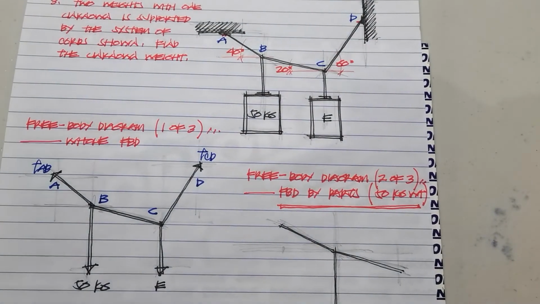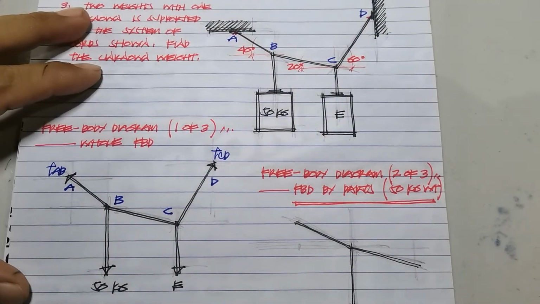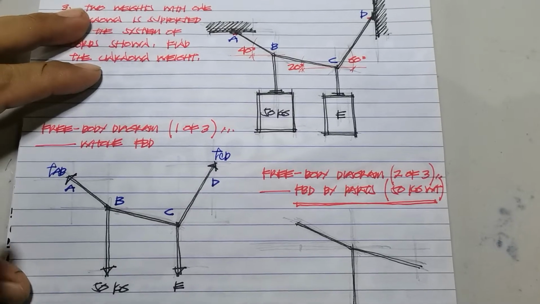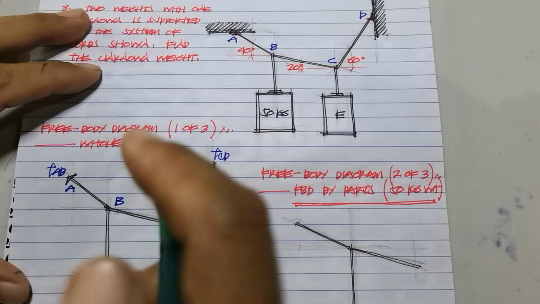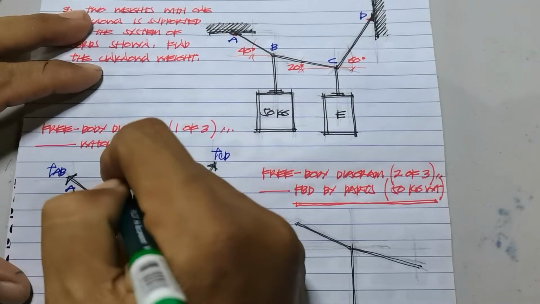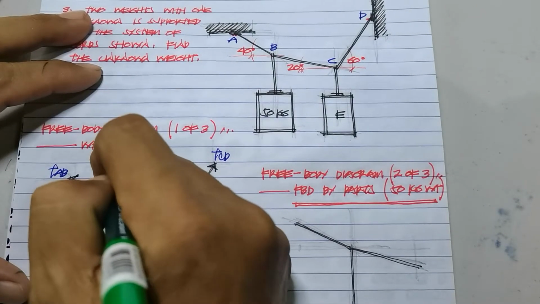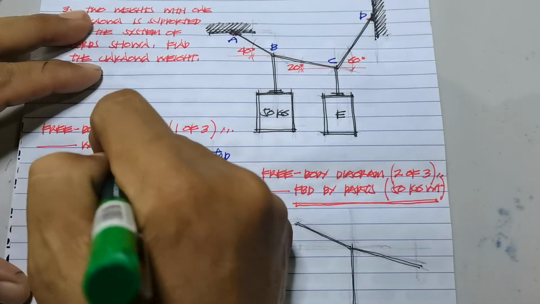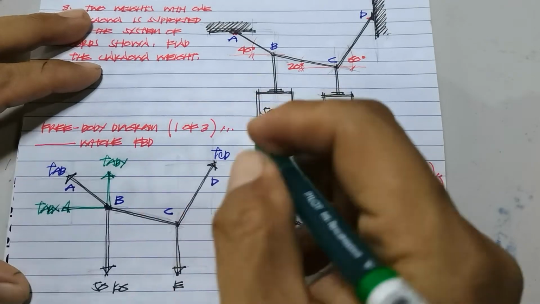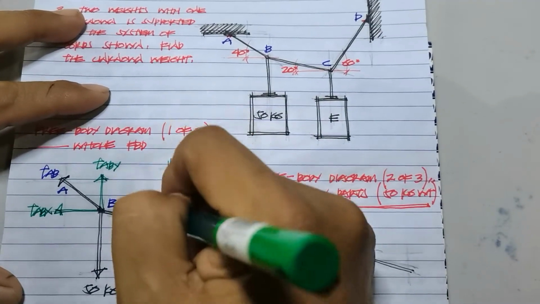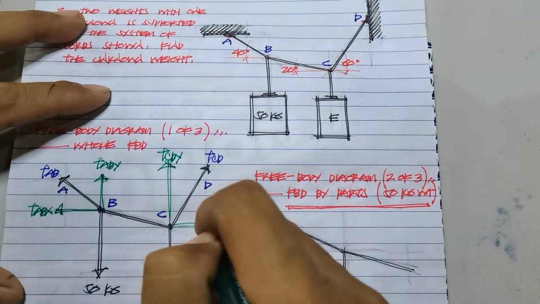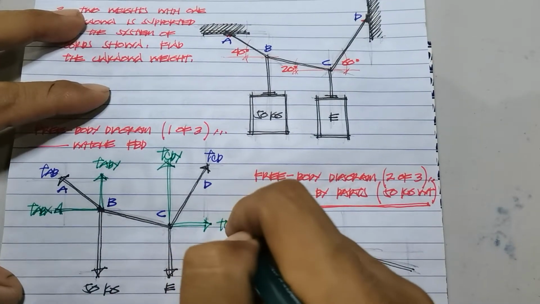So again, once again, sinabi ko sa inyo previously, for as long as meron tayong force, reactions, or even loads, in this case, in the form of tension, i-breakdown natin siya sa kanyang corresponding X and Y components of a force. So ayan. So ito is TAB of Y, ito is TAB of X. So ganun din dito, breakdown natin. So, ito is TCD of Y. Ito naman is TCD of X.